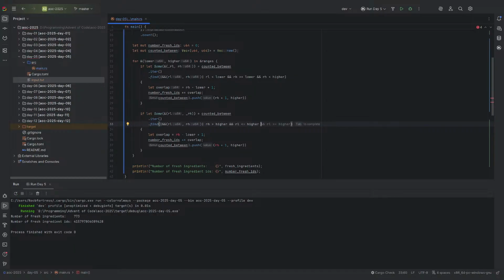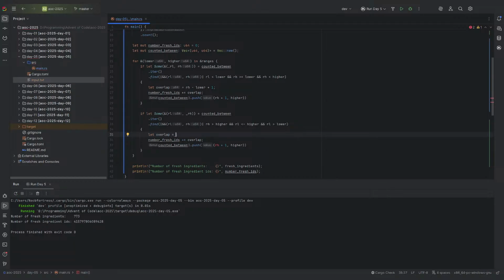Alright, so for this I'll need to check if this range's lower bound is actually above my lower bound as well. So that means that there's an actual overlap. So here the overlap's going to be on the high side.